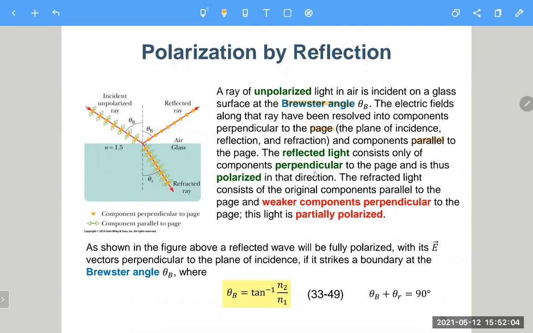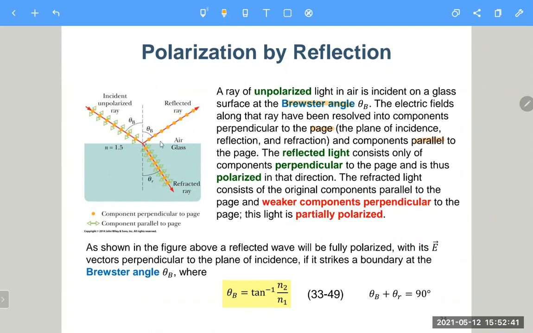The reflected light consists only of components perpendicular to the page. We can see here only the orange dot, which means the E field is perpendicular to the page, so it is polarized in that direction. The refracted light consists of the original component parallel to the page and a weaker component perpendicular to the page, so this light is partially polarized.